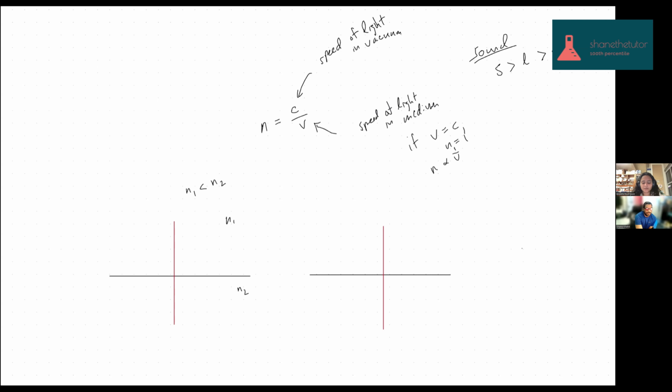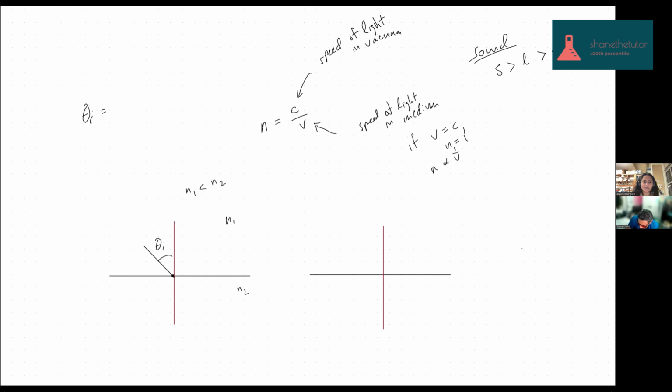Let's say this is the ray of light here. This will be theta I. What do you think the I is for? Incidence. Good.